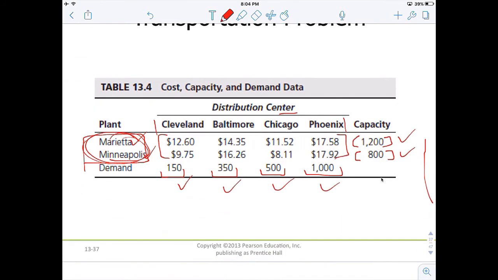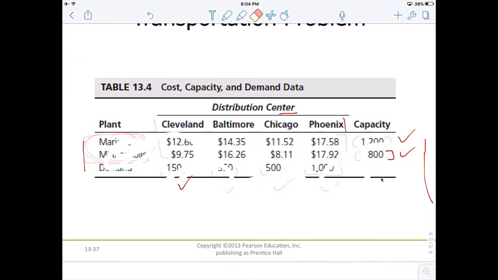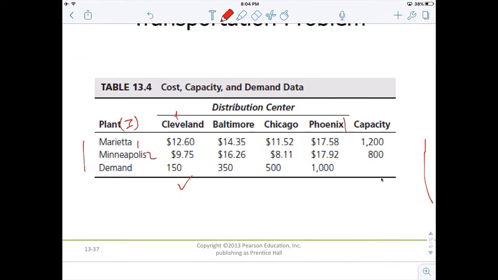So let's make an index for each of these plants and DCs so that we can draw the network representation. Let's call the plants I, 1 and 2, and the distribution centers 1, 2, 3, and 4.